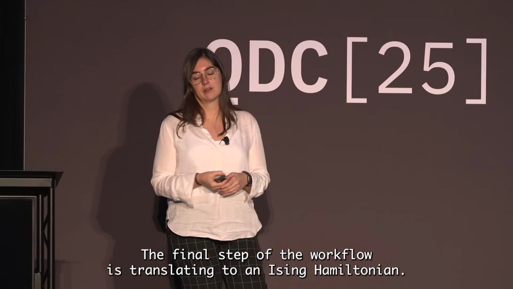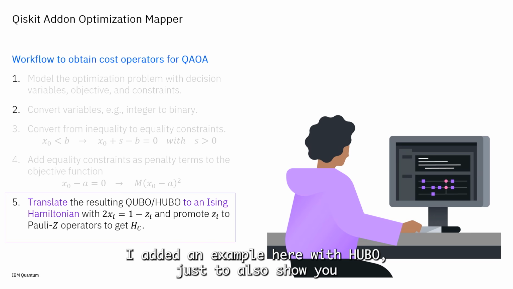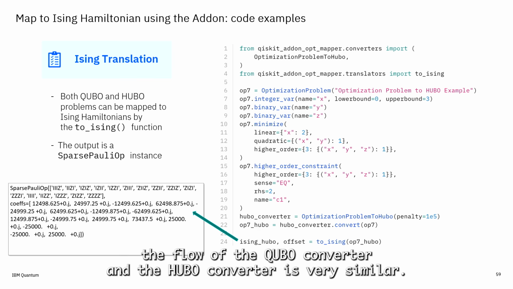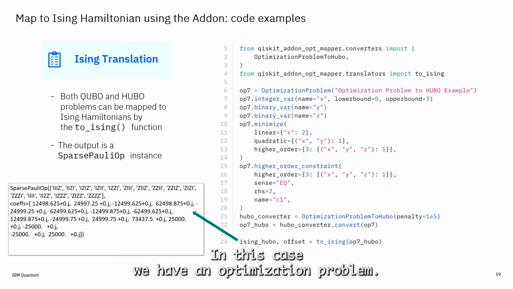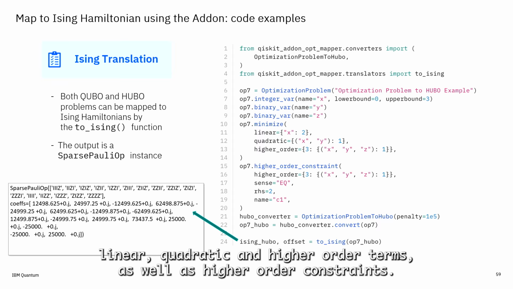The final step of the workflow is translating to an Ising Hamiltonian. I added an example here with HUBO just to also show you the flow; the QAOA converter and the HUBO converter are very similar. In this case, we have an optimization problem. We add integer binary variables, a minimization objective function with linear, quadratic, and higher order terms, as well as higher order constraints.